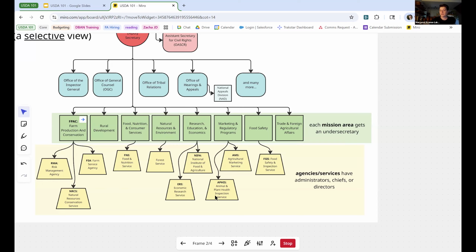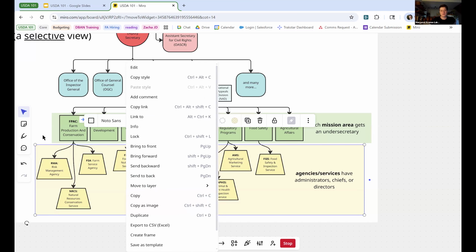The APHIS, the Animal Plant Health Inspection Service, those are the folks who are tracking bird flu, for example. Food safety and trade and foreign ag affairs. So USDA is paying attention to a lot of things. And the ones that most farmers are going to have interactions with in a resources and funding way are going to be the ones under FPAC.